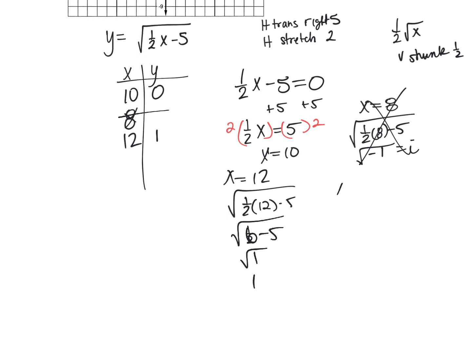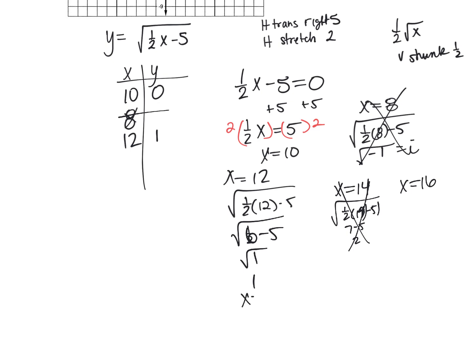Now what's the next even number? 14. So that would be 1/2 times 14 minus 5. 7 minus 5 is 2. I'm going to scrap that because it's not a perfect square. Square root of 2, but I don't want to deal with that. Do you think 16 is going to give us a perfect square?